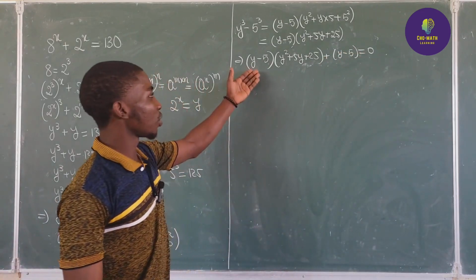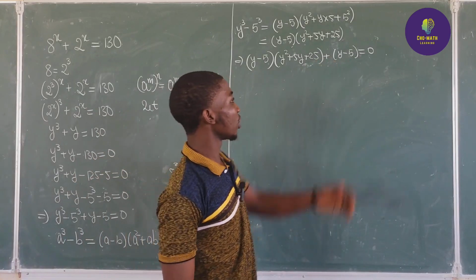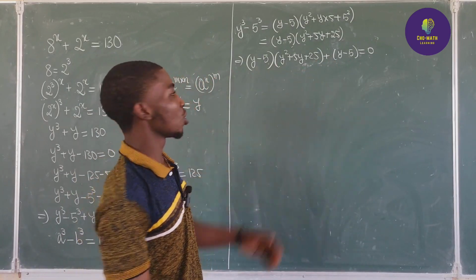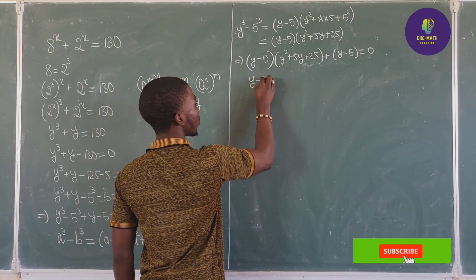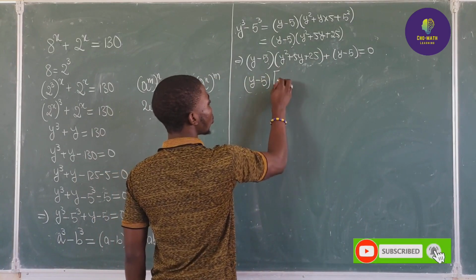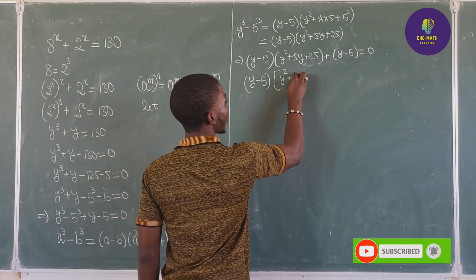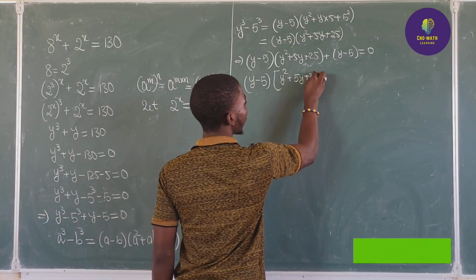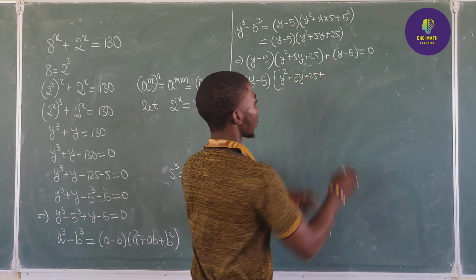Here we have y minus 5 here and y minus 5. We're going to factor this expression by y minus 5. That's y minus 5 into y squared plus 5y plus 25 plus 1.